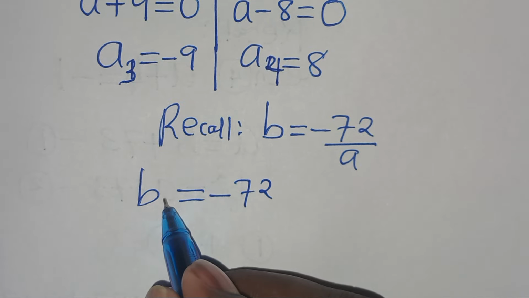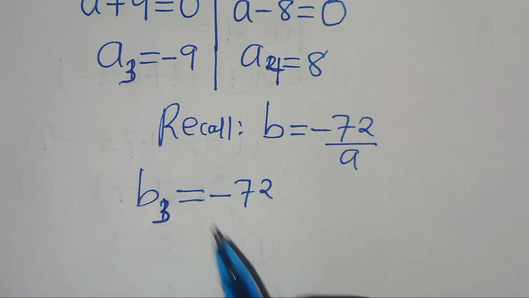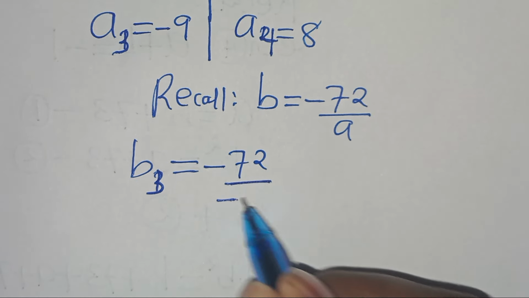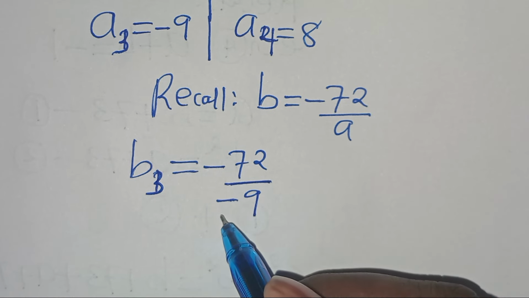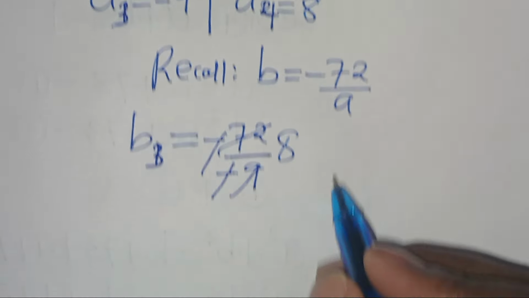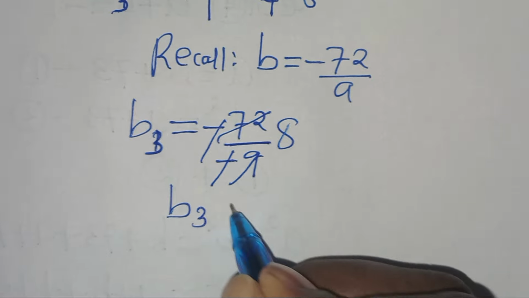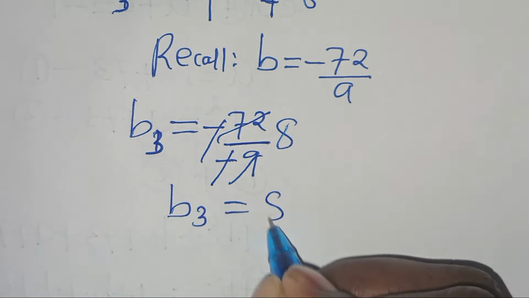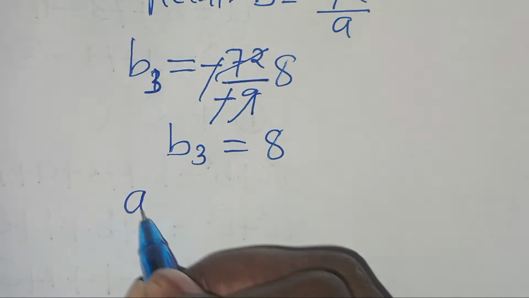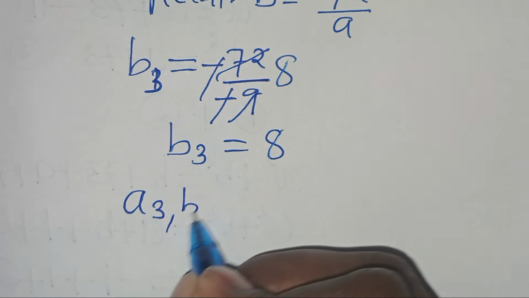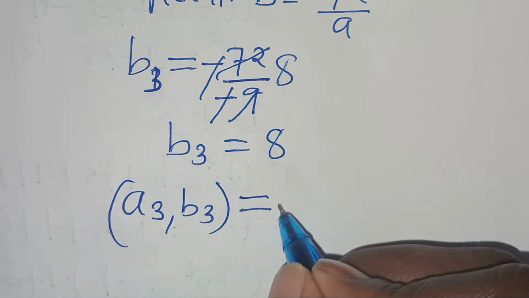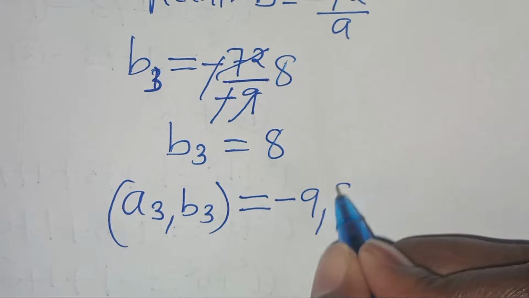So b3 will be equal to minus 72 divided by minus 9. If we simplify here, b3 is equal to 8. So now we have the third set of solution, a3 comma b3, which is equal to minus 9 and 8.